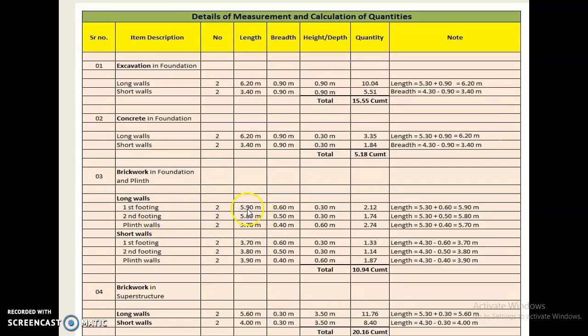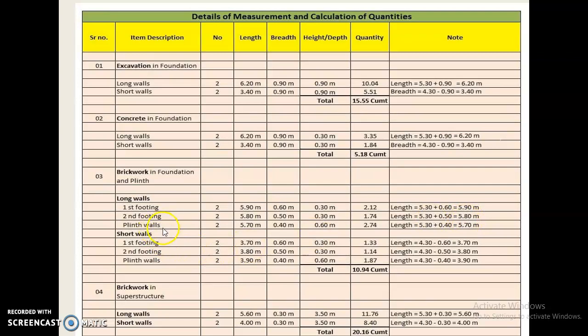And how will you calculate the actual length? Again the calculated center to center length of the long wall is 5.30 plus the width of the first footing, that is 0.60, that is equal to 5.90. I substituted here 5.90 meter. And in case of the second footing, the width of the item of work is 0.5, so 5.3 plus 0.5, that is 5.80.